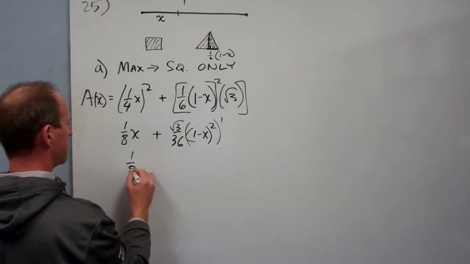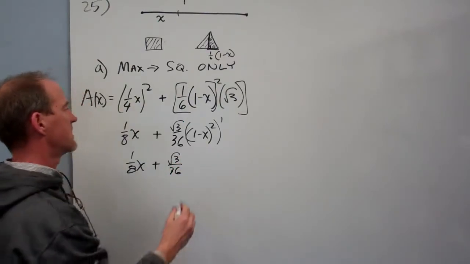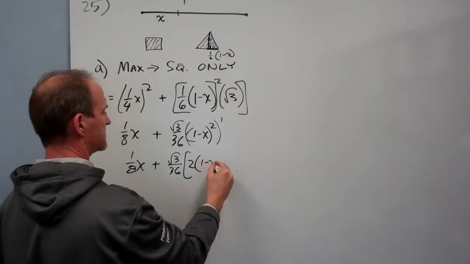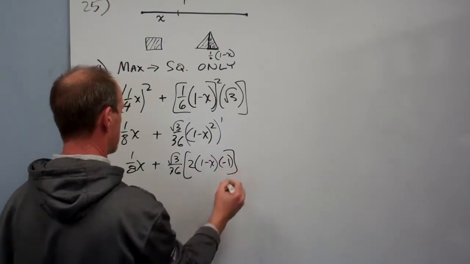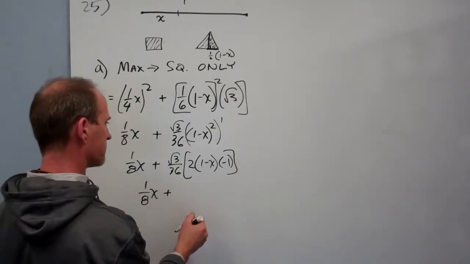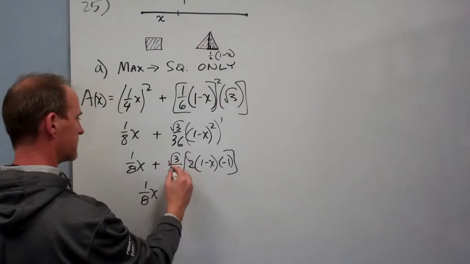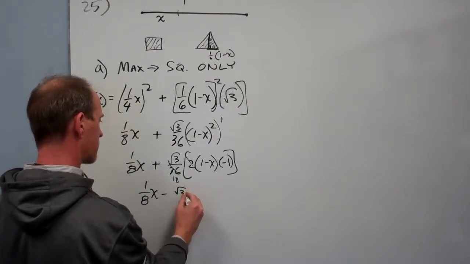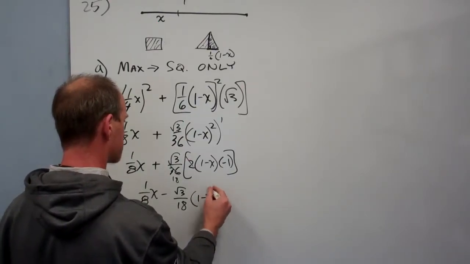I've got then 1/8 x plus radical 3 over 36, and then that's going to be times, bring the 2 out front, and it's 1 minus x to the 1, take the derivative of the inside, and that's minus 1, and that gives me 1 over 8 times x minus, this 2 is going to cancel with that and give me 18, and that's a minus radical 3 over 18, and then that's times 1 minus x, okay?